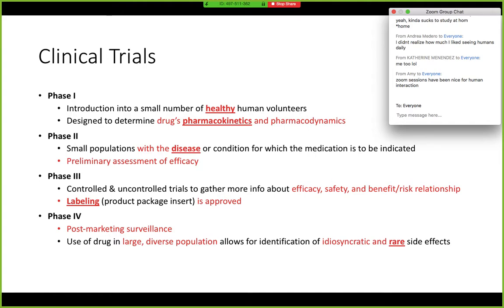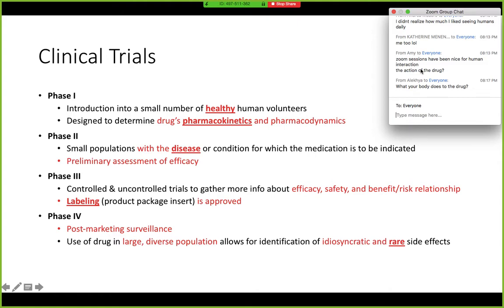So just real quickly, can somebody give me a simple definition of pharmacokinetics? What does that mean? You could probably describe pharmacokinetics in like 5 or 6 words. Right, exactly. It's what your body does to the drug.